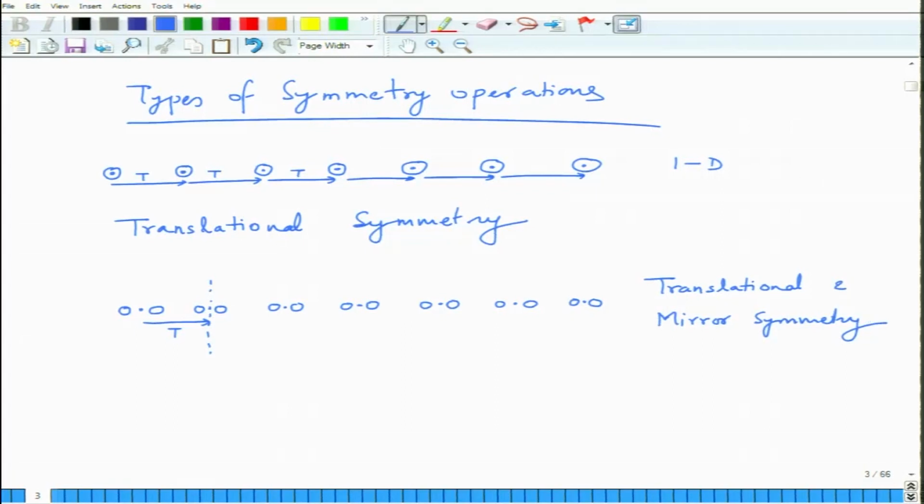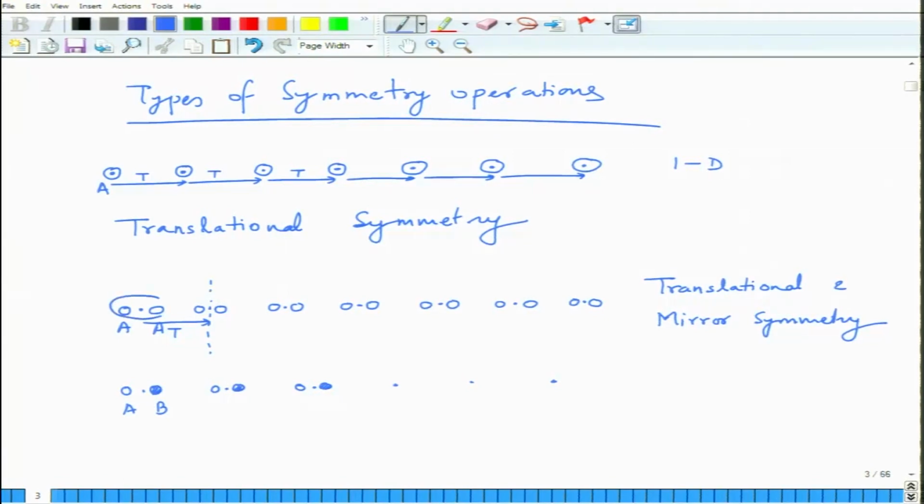You can make this a little worse and make the mirror disappear if you make this one dark. So the mirror has disappeared now, but it still has translation, because the motif initially was A, then it was AA, and now the motif is AB.